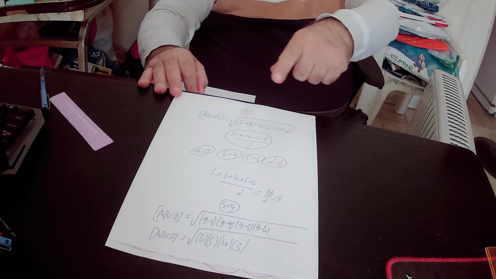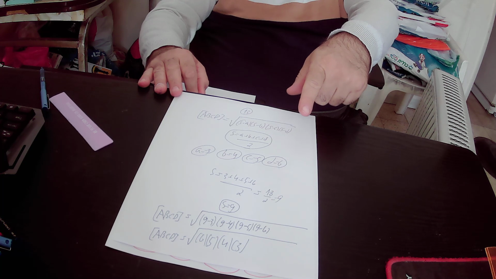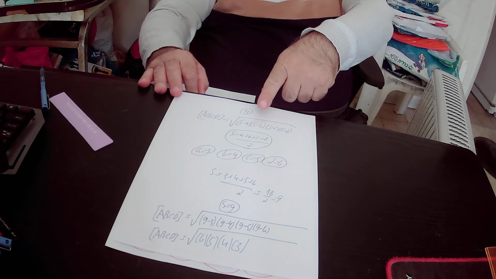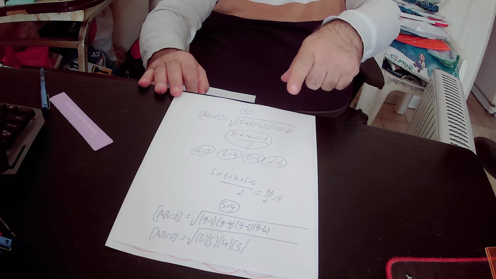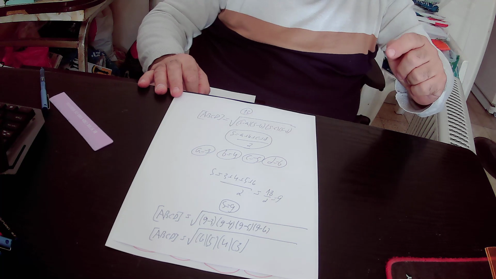We know that A equals 3, B equals 4, C equals 5, and D equals 6. Therefore, S, which equals A plus B plus C plus D over 2, is 3 plus 4 plus 5 plus 6 over 2. It equals 9.